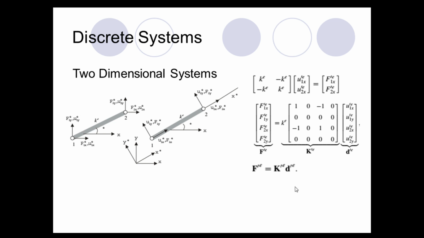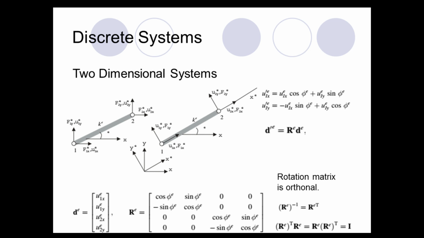In fact, now I can write the relationship between the forces acting on the element and nodal displacement values in 2 dimensions. Now next is to use the rotation matrix.